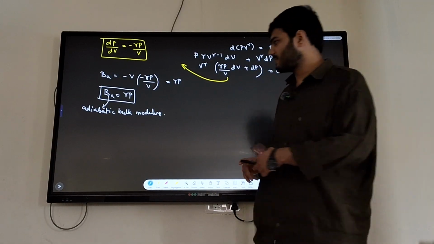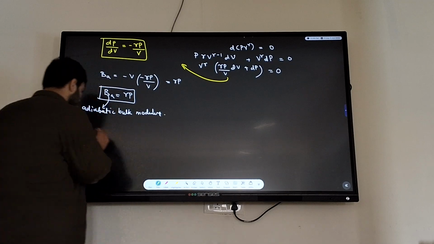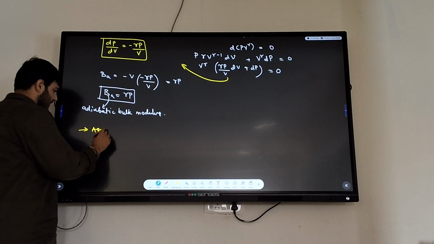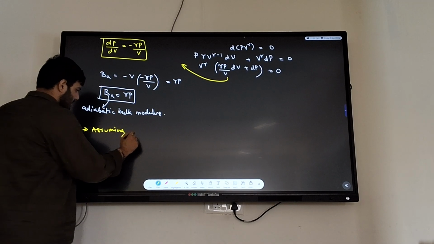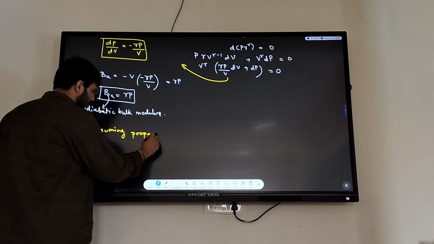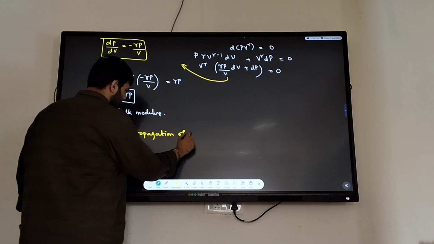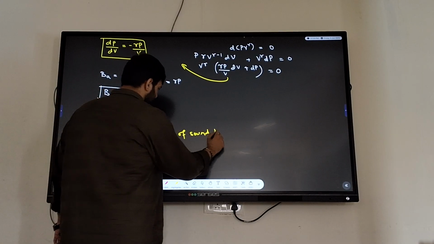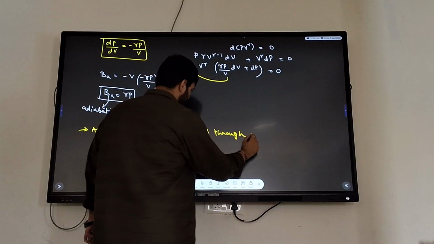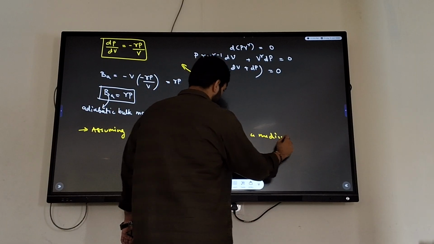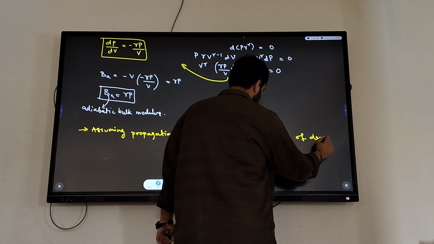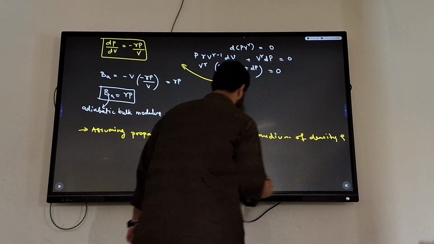Let's assume isothermal, for the propagation of sound through a medium of density rho.